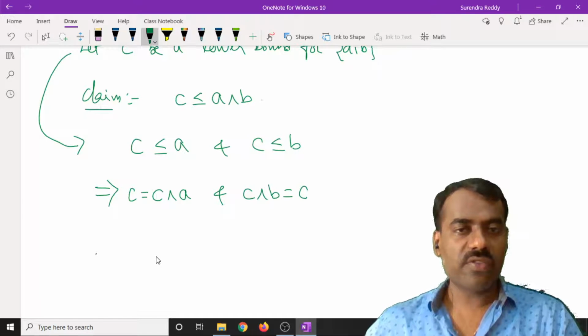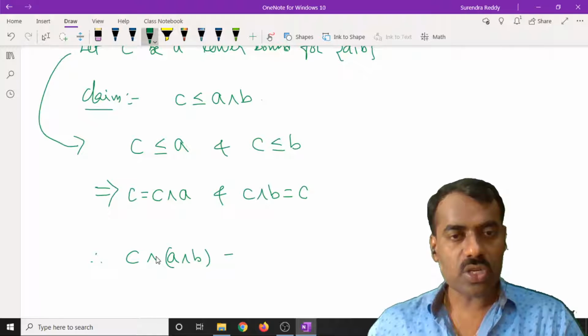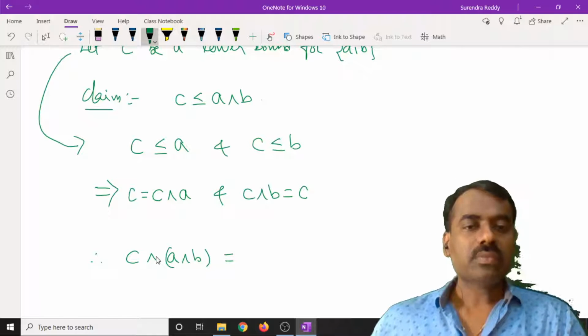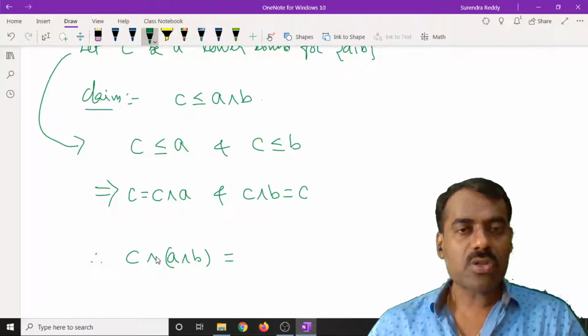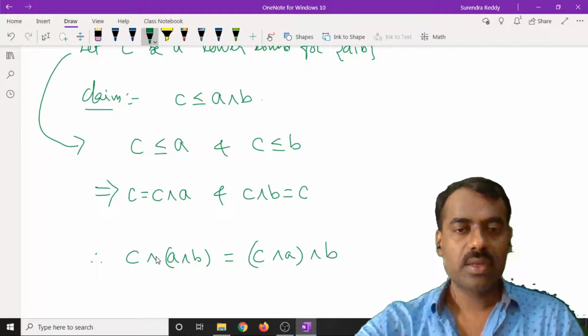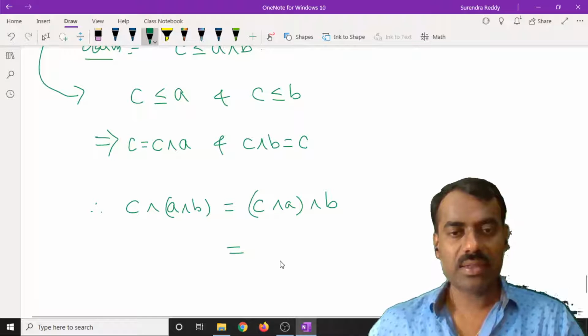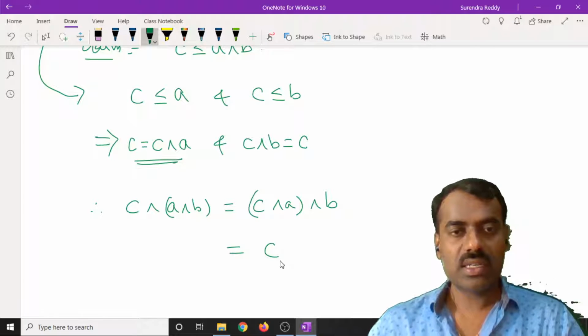Right. So therefore, if I want to show this one, I want to meet with this. So C meet A meet B, somehow we want to show that it is the same as C only, right? But this is the same as C meet A, then meet B, right? But C meet A is the same as C here. You can see this, right? So C meet B, but again C meet B is the same as C, right?